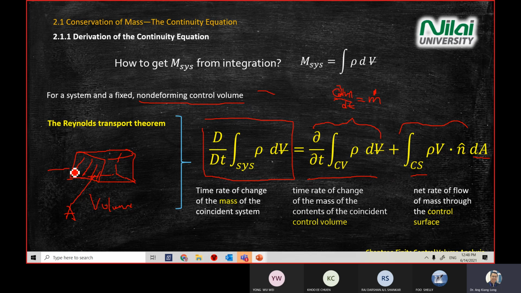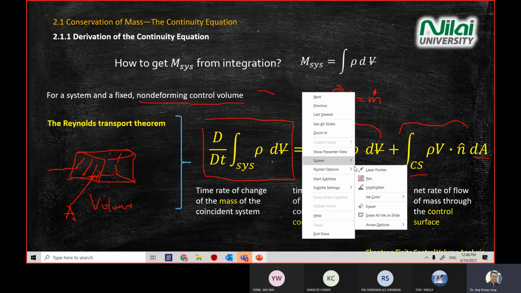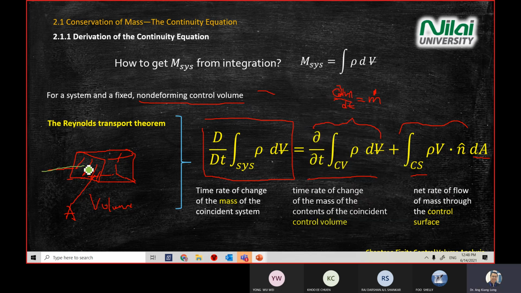All right. So if the volume, let me change the color of my pen. If your mass goes into this surface and only comes out at one surface here, meaning you only focus on in and out, then you need to consider 2 surfaces.